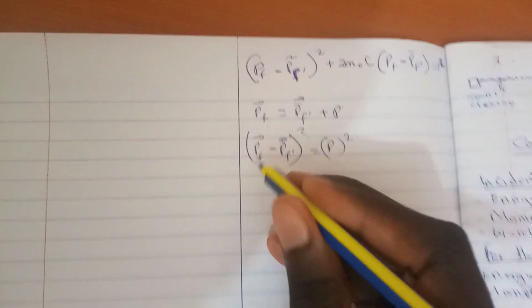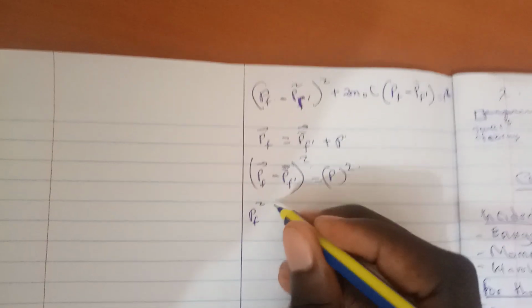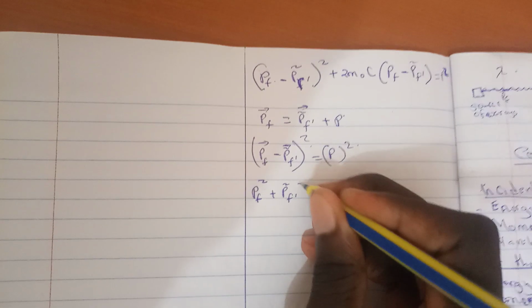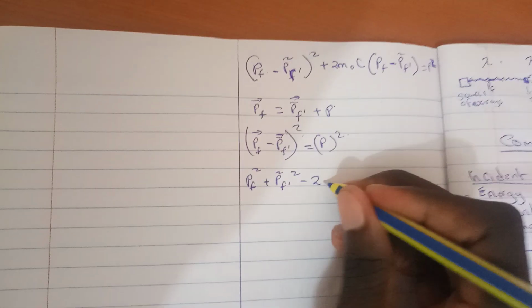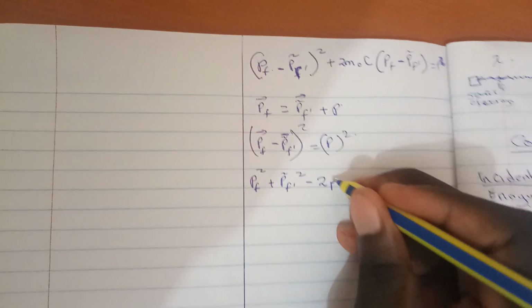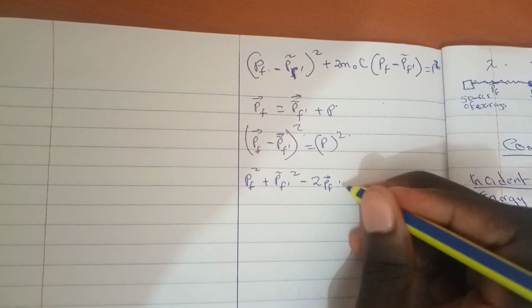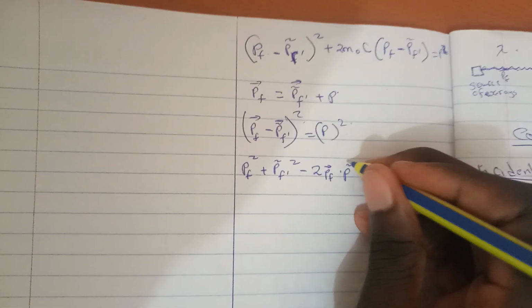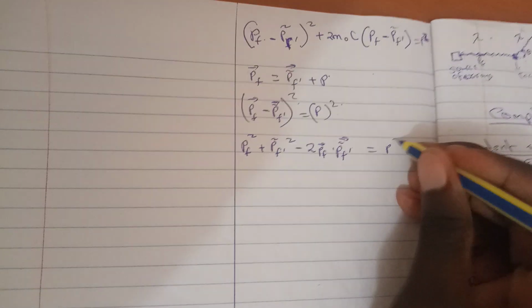If you open this bracket, you will have PF squared plus PF prime squared minus 2 PF dot PF prime equals P squared.